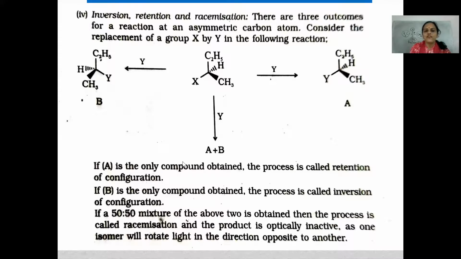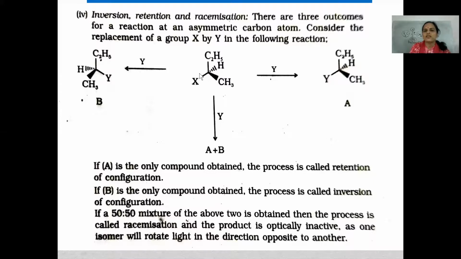And if a 50:50 mixture of the above two is obtained, then the process is called racemization. That is half of A and half of B. And the product is optically inactive, as one isomer rotates light in the direction opposite to the other. So the three processes are so beautifully explained here.